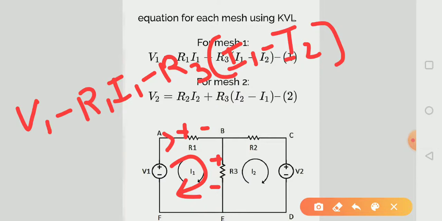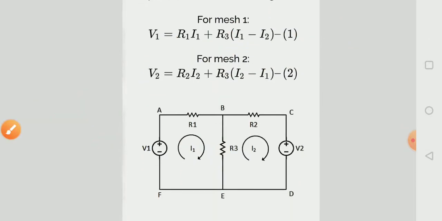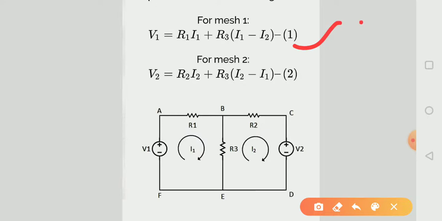So we can write this equation: V1 equal to R1 into I1 plus R3 bracket open I1 minus I2. This is the first equation.